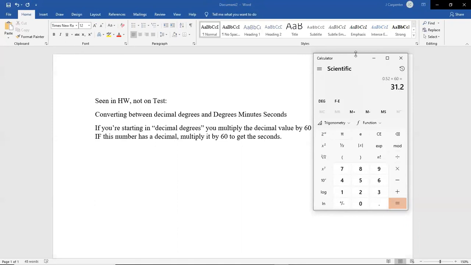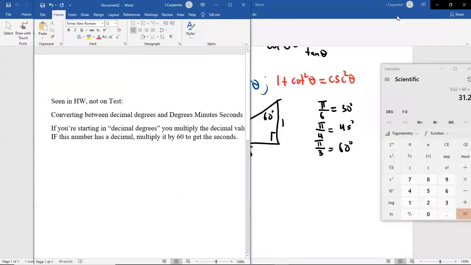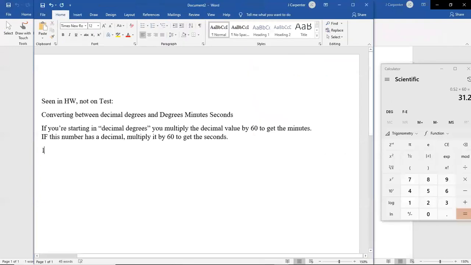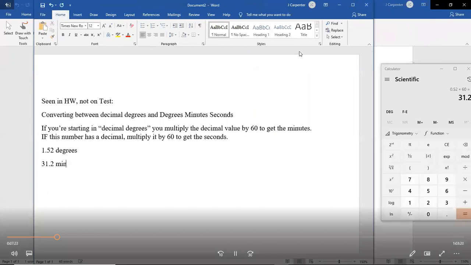So now what we have, let's see if I can just do this. So we had 1.52 degrees. We multiplied the 0.52 by 60 to get 31.2 minutes. But then we take the 0.2 and multiply it by 60.